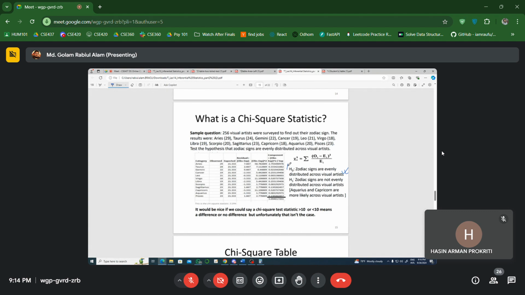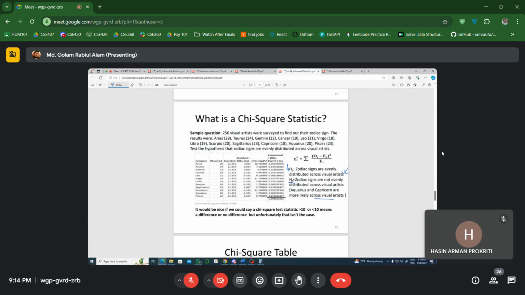Now someone mentioned that the zodiac signs are not evenly distributed across artists, and that Aquarius and Capricorn are more likely among visual artists. So that means the zodiac signs are not evenly distributed across visual artists.